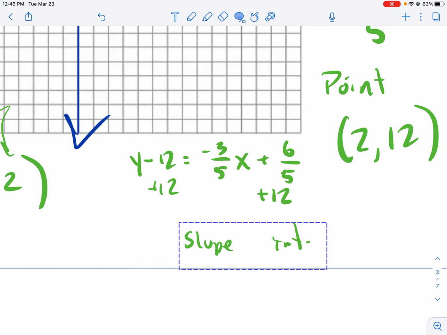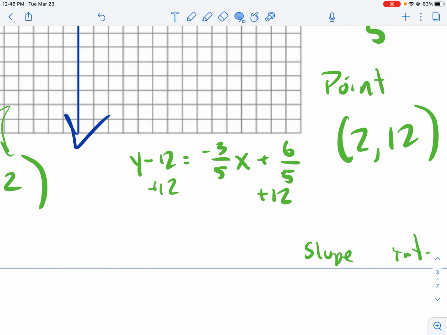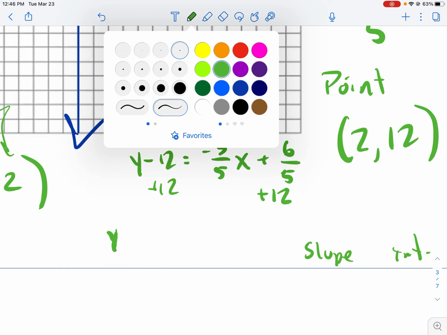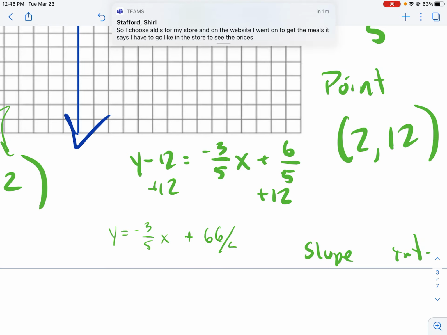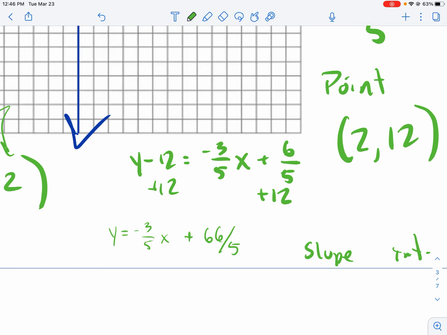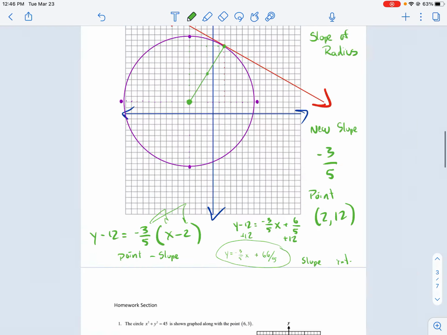So this equation is going to be y equals negative 3/5 x plus 6/5 plus 12, which is either equal to 13.2 or 66 divided by 5. Okay? So, two different answers there, but they're the same thing.